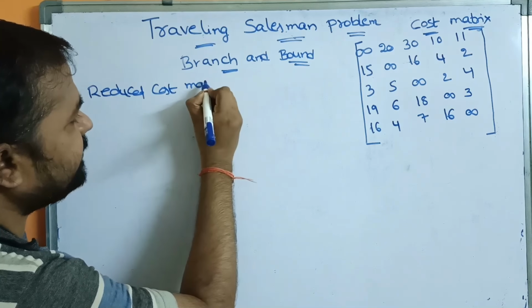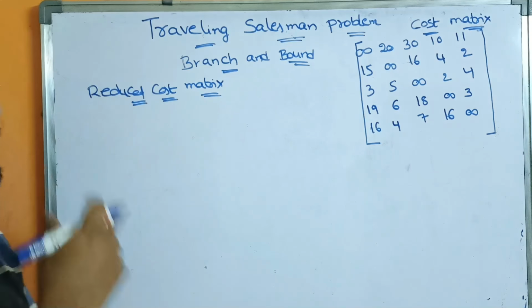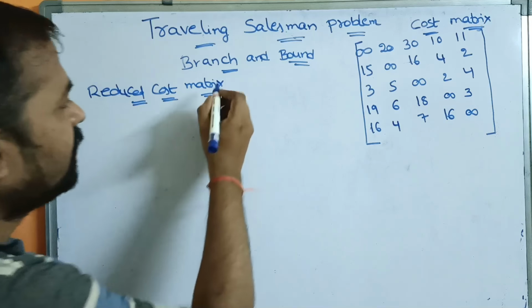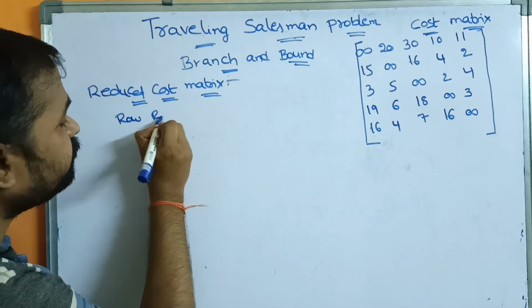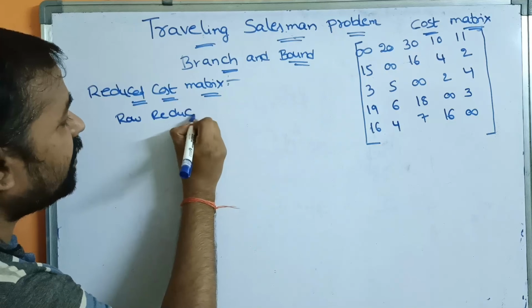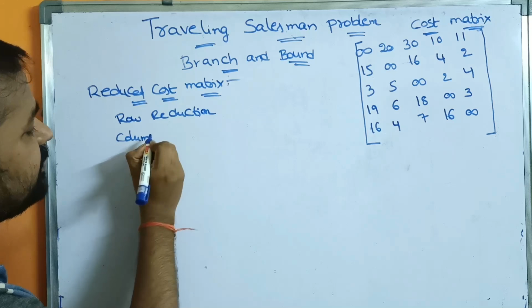In order to find the reduced cost matrix, we find row reduction as well as column reduction.